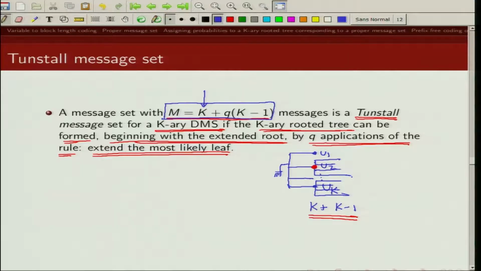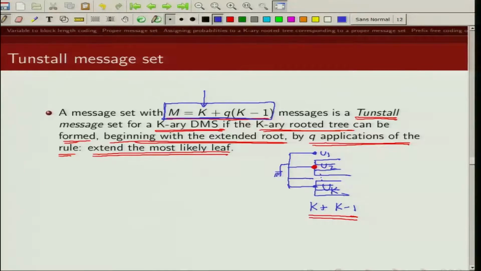So the total number of leaves I can get if I extend a node q times, starting with an extended root, is given by k plus q times k minus 1, where q is the number of extensions that I have done from this extended root.